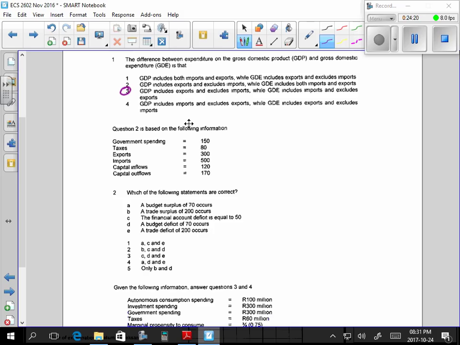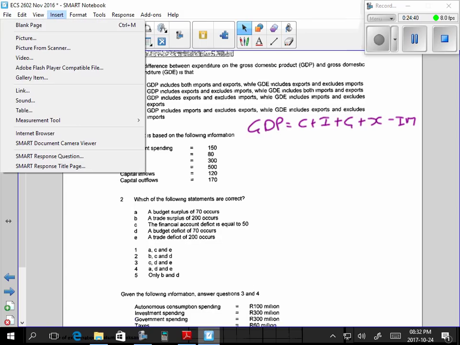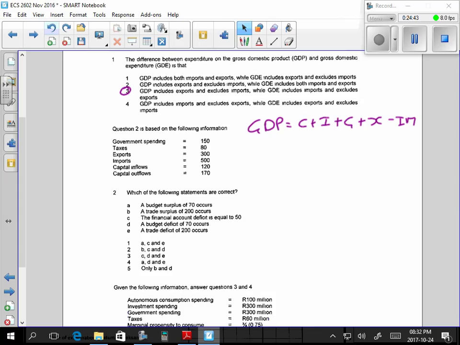Okay. If they ask you to write down your equations for GDP and GDE, GDP is equal to C plus I plus G plus X minus IM. Okay? GDE, on the other hand, is equal to C plus I plus G. Now, you would think, why don't we say plus imports minus exports?